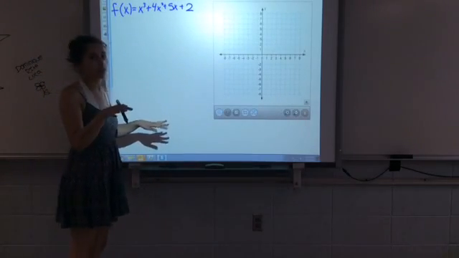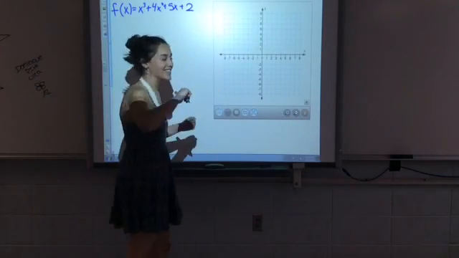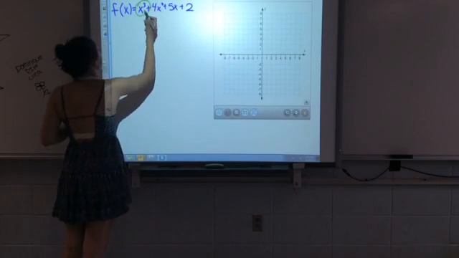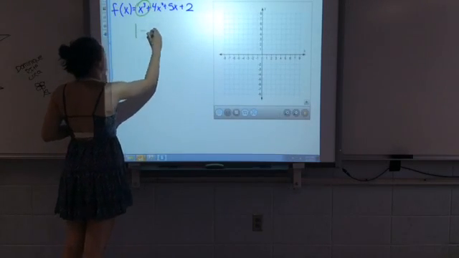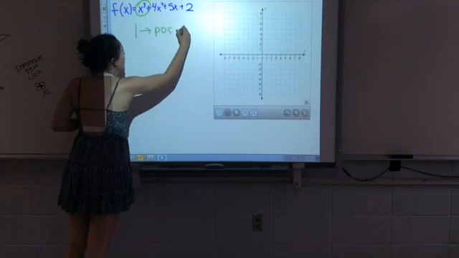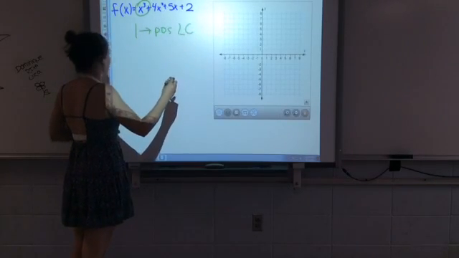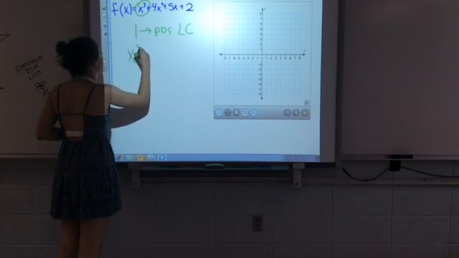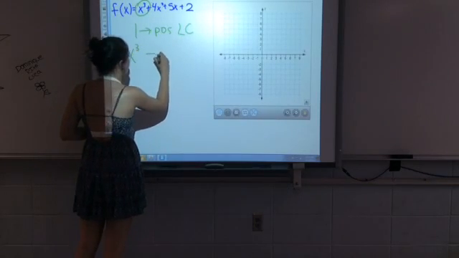through the same process. We are going to find our leading coefficient, and we're looking at x to the 3rd right here. Leading coefficient again is 1, positive LC. Then we are finding our end behavior, so we're going to find what degree our graph is, x to the 3rd. So our degree is 3.